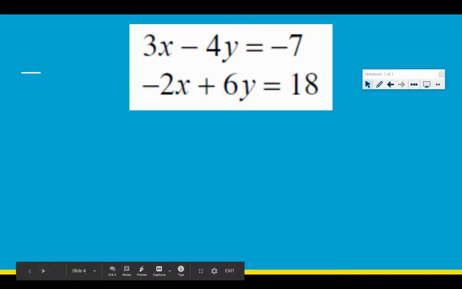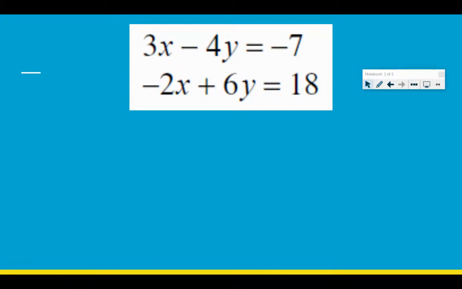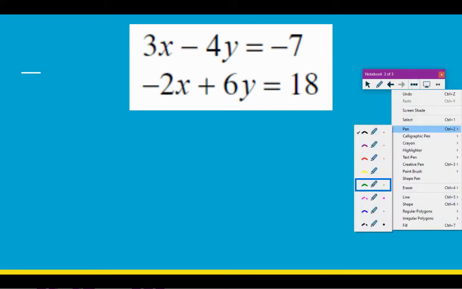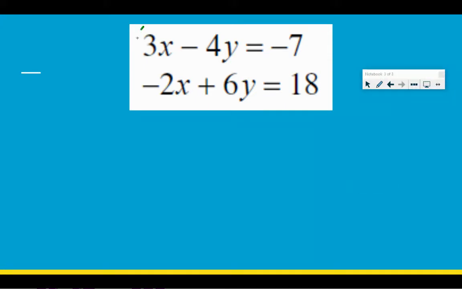And last one, 3x minus 4y equals negative 7, negative 2x plus 6y equals 18. 3 is not a multiple of 2, 6 is not a multiple of 4, so I can't easily make opposites, but what I can do is multiply this whole top equation by 2 and the whole bottom equation by 3.